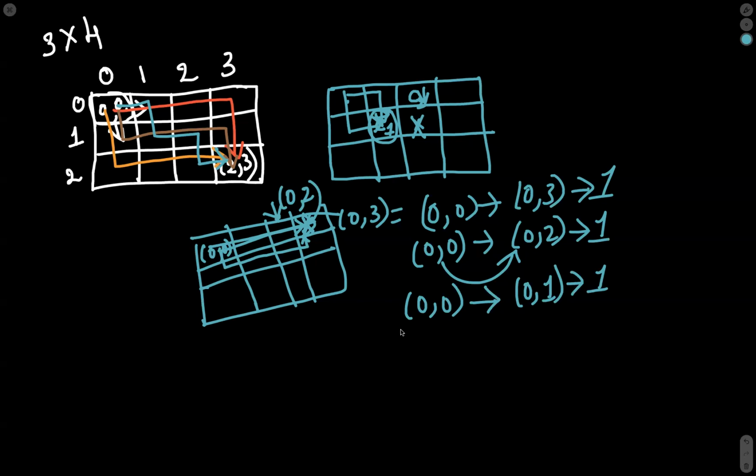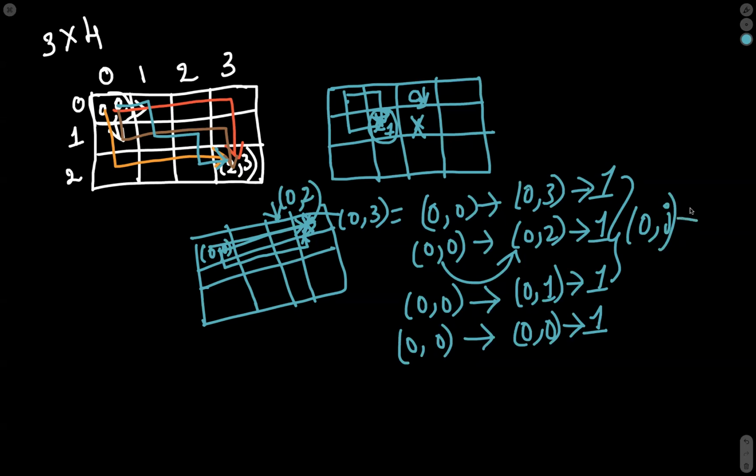And if the source and destination are the same, I'm assuming the total number of paths would be 1. Technically it is 0, but for our calculations I'm taking it as 1. So for all these cells, the j value is varying, but no matter what j is, if the row is 0, the total number of paths is 1.